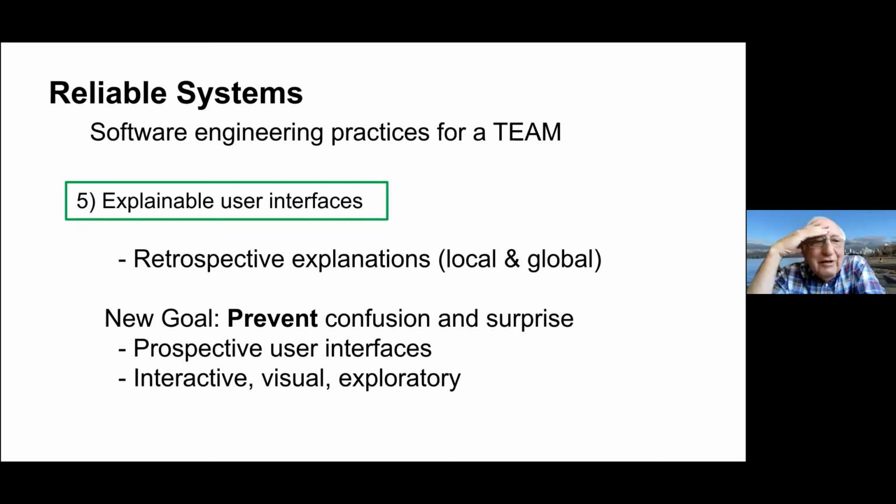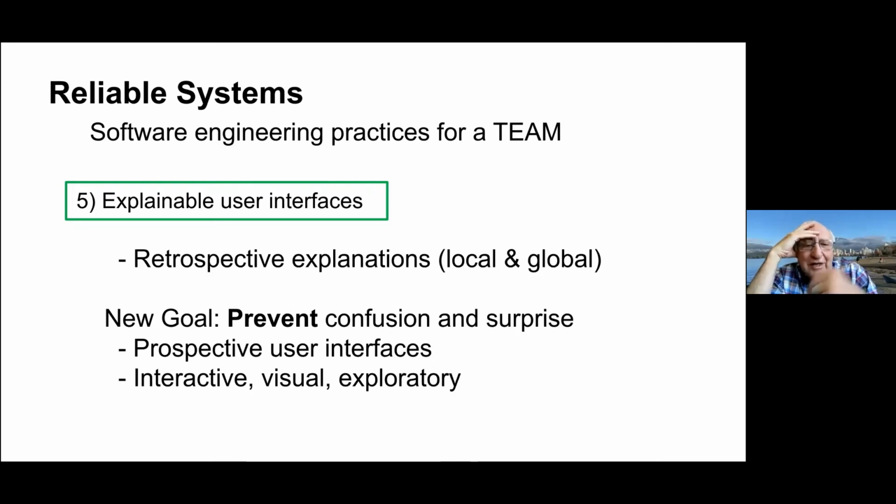Ted Shortliffe showed a very good example of the early days of expert systems and how that model didn't quite work out. Yet, in the great push now for explainable user interfaces, in part motivated by government regulation in Europe, the GDPR regulations require that users have a right to explainability. Now, that regulation did not say how to do it, but it triggered a huge explosion of innovation among researchers about how to do it.